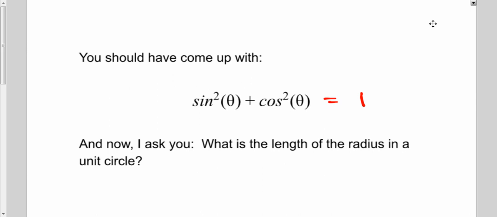So when we left off on Friday, we had learned the first of 3 Pythagorean trig identities. We learned how to derive it, and we learned that sine squared plus cosine squared of theta equals 1.